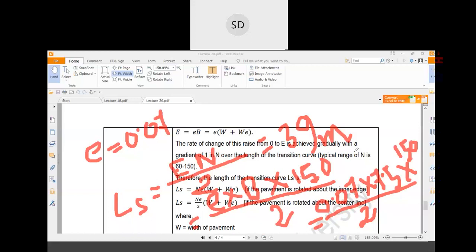So from the first case, you are getting a value of 47.1 meter, and in the second case, you are getting a value of 39 meter. Now let us check for the third one.